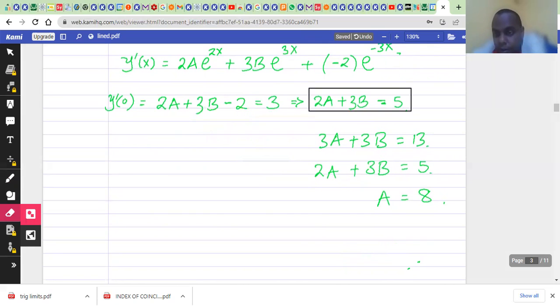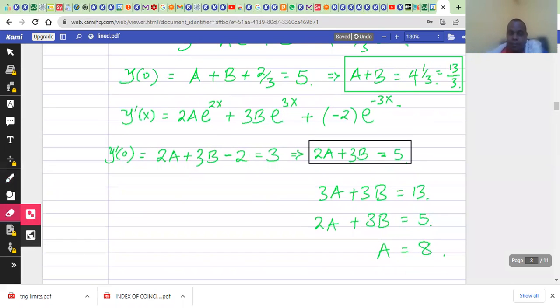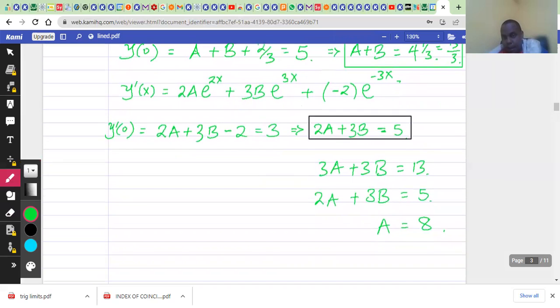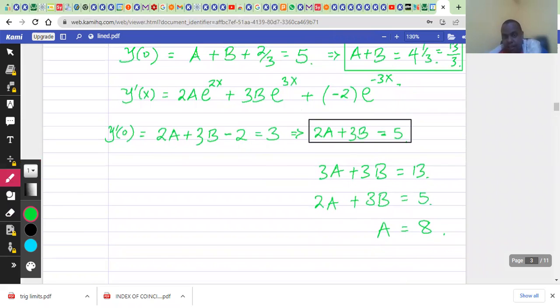Everything is okay now. So far, so good. And then if A is 8, then 2 times 8 is 16. 5 minus 16 is going to be negative 11, divided by 3. Yeah, those are the correct values.